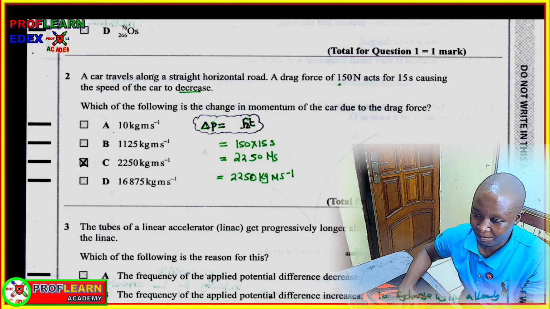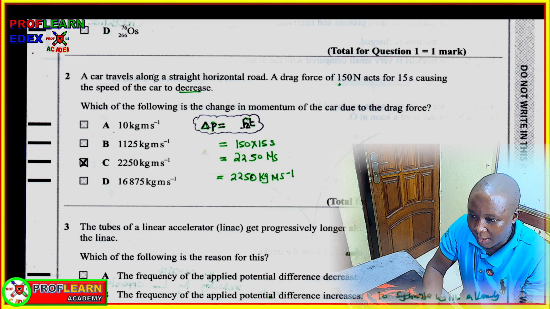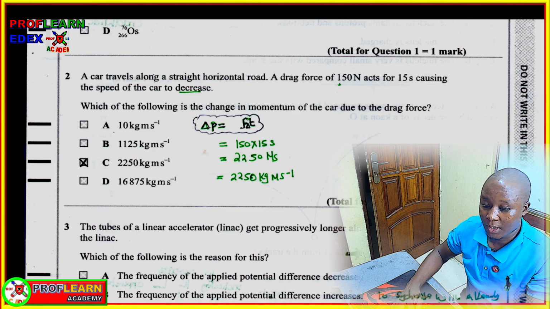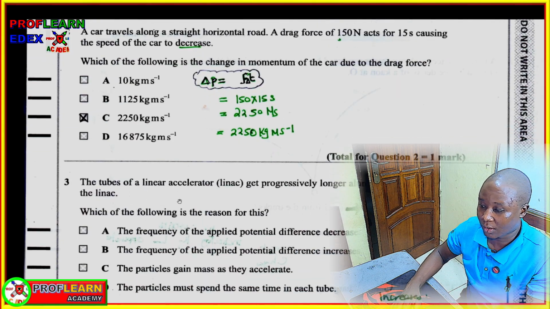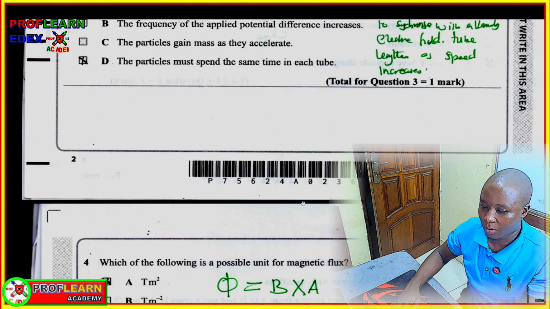And I need also to mention that the question to do with LINAC is a very common question that ideally you'll see quite often. So the length has to increase so that it can spend more time within the tube.